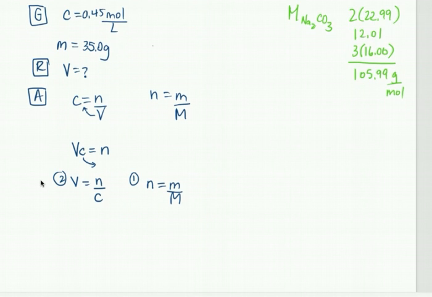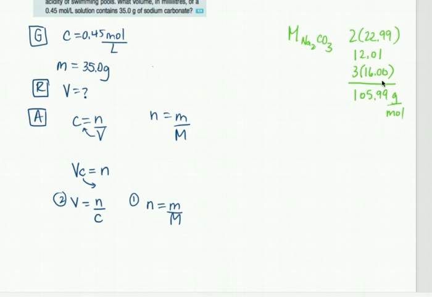If you like using the formula method, but you still just don't know what to do, throw them both down and go, okay, I have to find volume. Here it is. In order to find volume, I need N over C. Do I have N? No. So you're going to use this one to find N first, using your mass, which you have, and your molar mass, which you have.